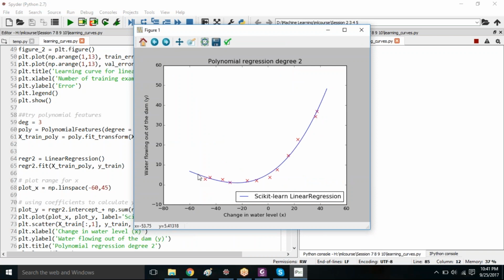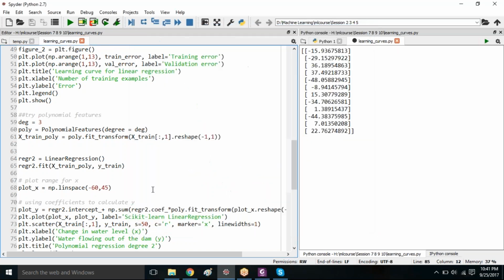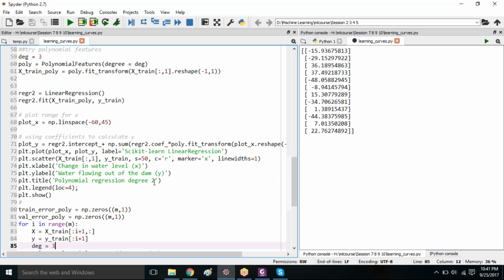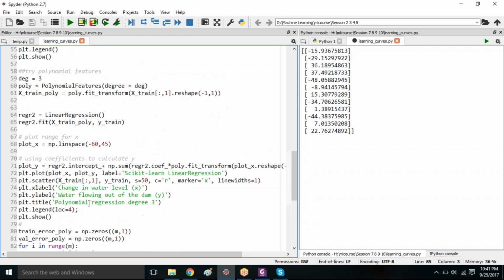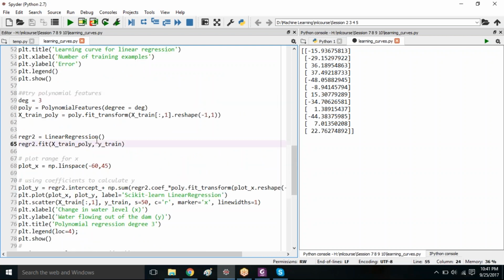Is it degree 2 or degree 3? It is degree 3. Actually this label I had to change. Two or three places you have to change. See, this is degree 3. The title here is degree 3, because I am using degree 3 here.